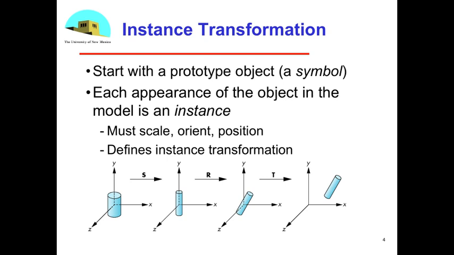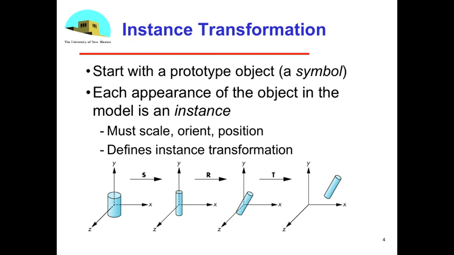And each of those we've said would exist in its own frame. So we would have what we call model coordinates that describe it in a frame. Typically that object, or symbol, would be defined in a convenient way within its own frame.